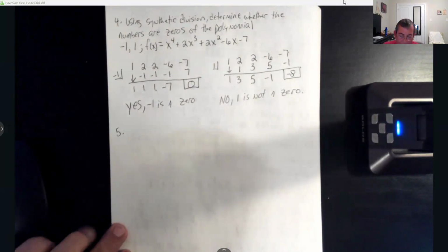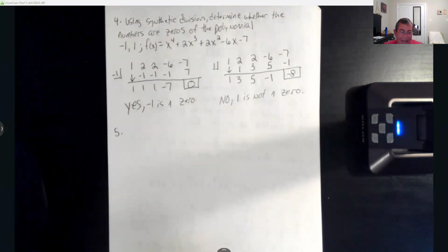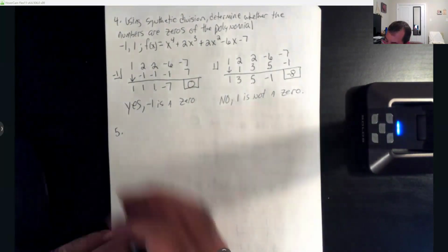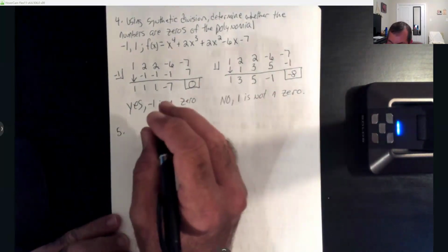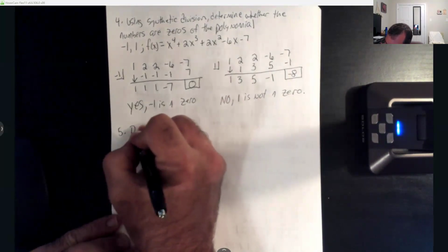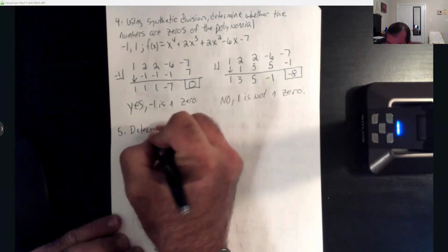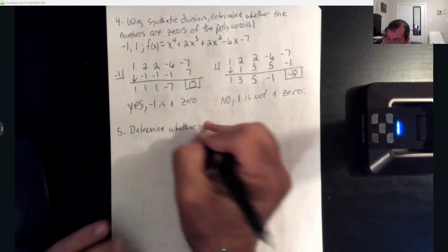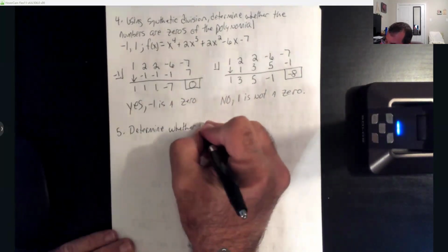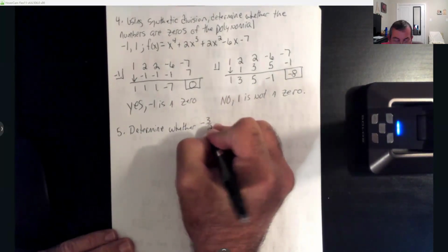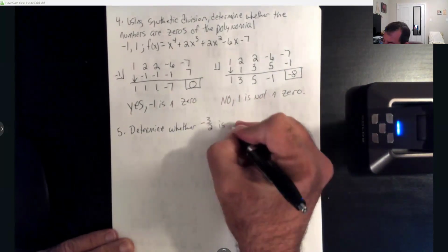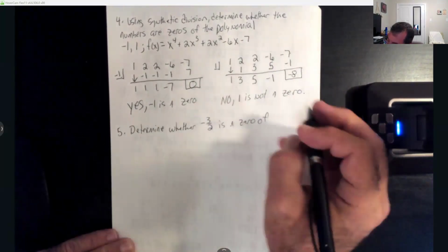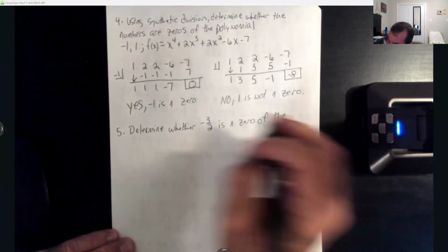All righty, y'all. So let's try this number 5. It's probably the trickiest one of them all. But they want us to determine whether -3/2 is a 0 of the polynomial.